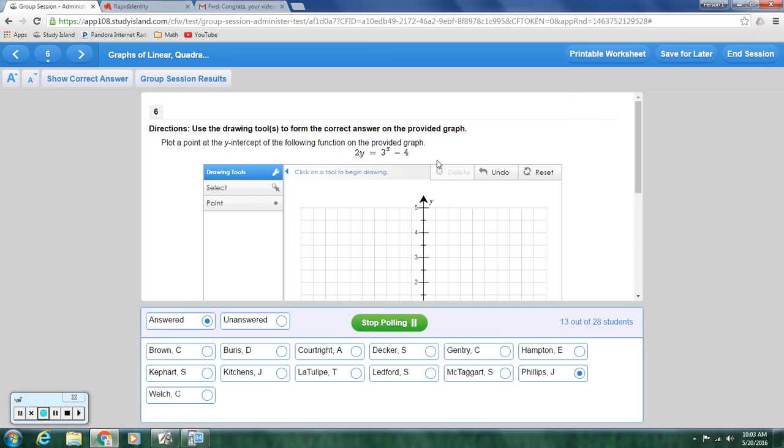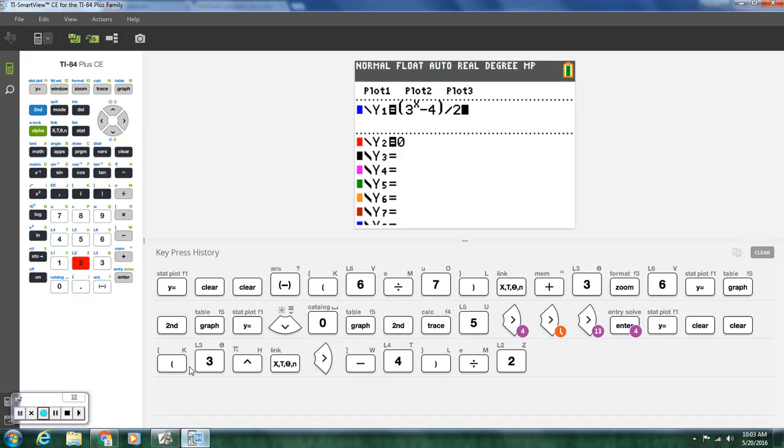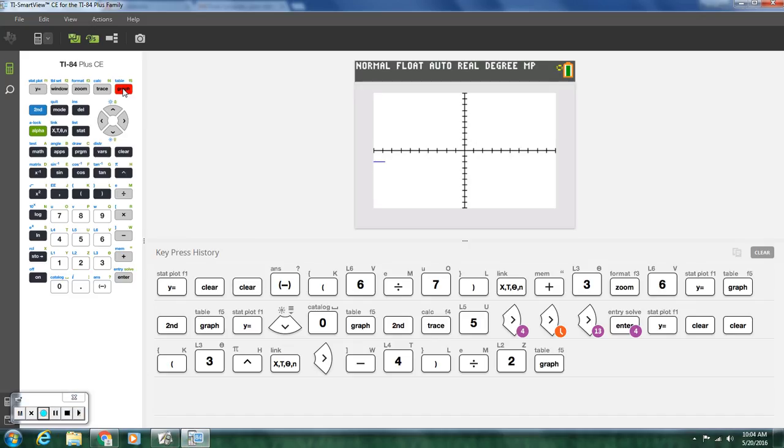So that question asks to plot a point at the y-intercept. So wherever that graph crosses the y-axis, put a dot right here. Remember, where it crosses the y-axis is where x is 0. So you could go to your table and find that point. You can go to your table and look at where x was 0. If I graph this, here's what my graph looks like.